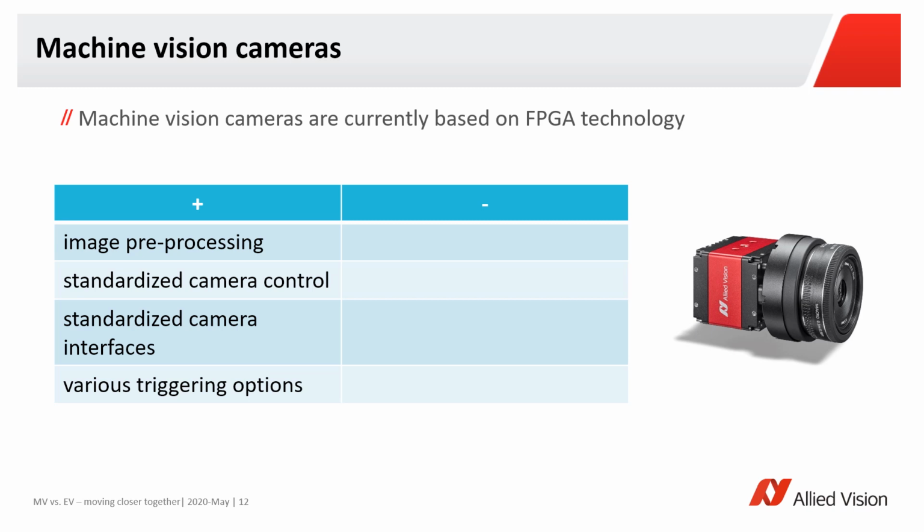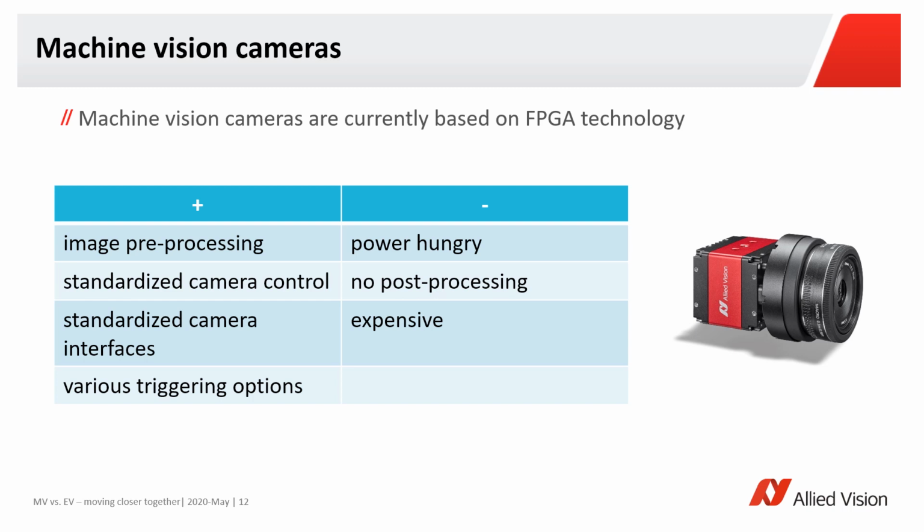With GigE Vision or USB3 Vision, we have very standardized camera interfaces, and we have really a lot of different triggering options for many different applications. But those cameras, they are rather power hungry. FPGA technology is not the most efficient technology. There is no post-processing, so there's only the pre-processing of the image. And generally, machine vision cameras can be rather expensive.